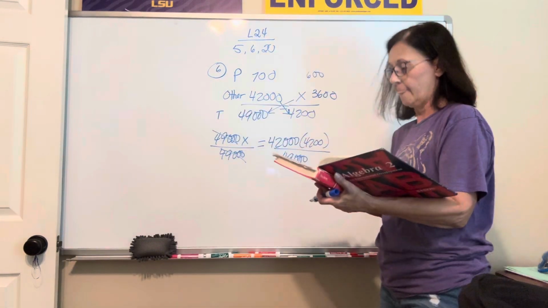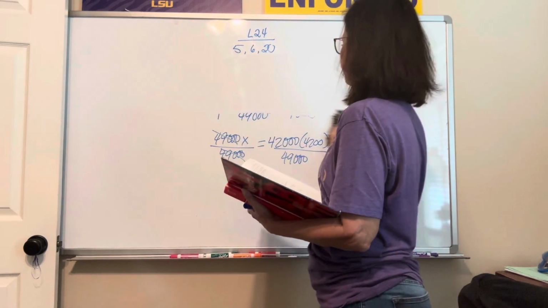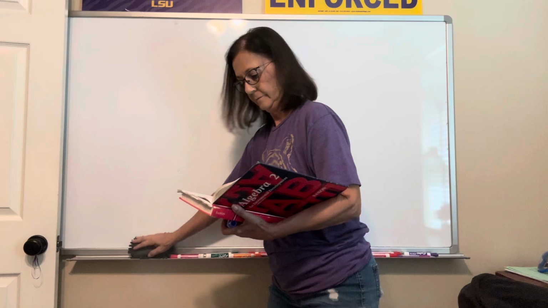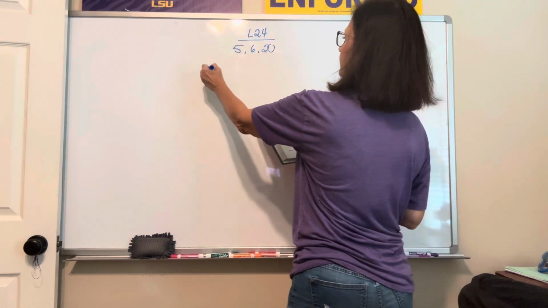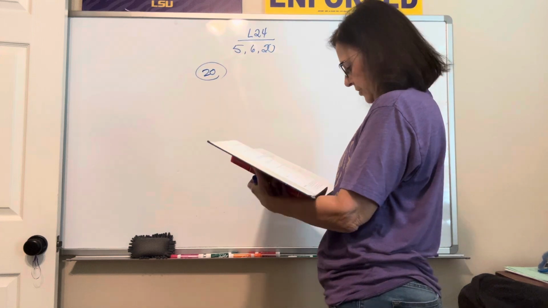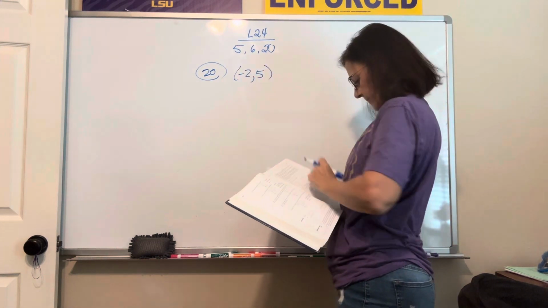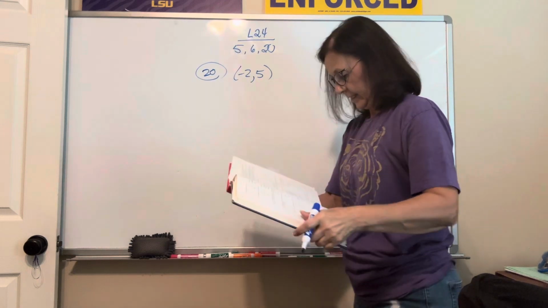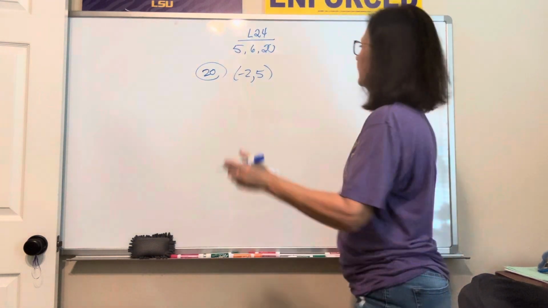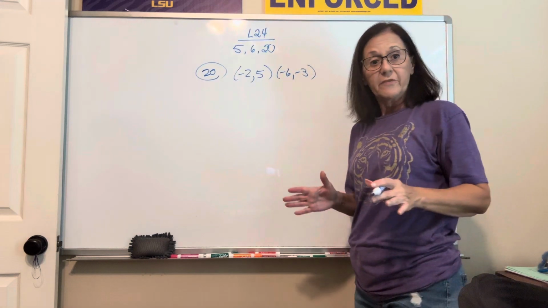All right. Now problem 20. Find the equation of a line that passes through -2, 5, and -6, -3. All right, first I'm going to find the slope.